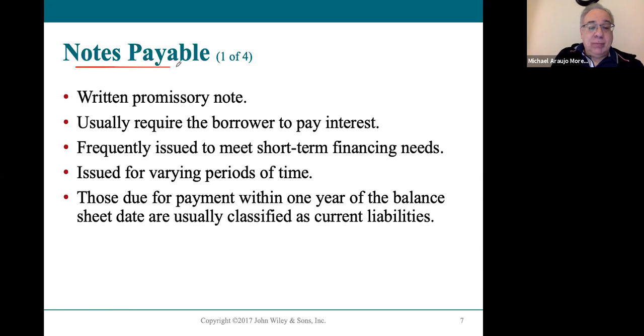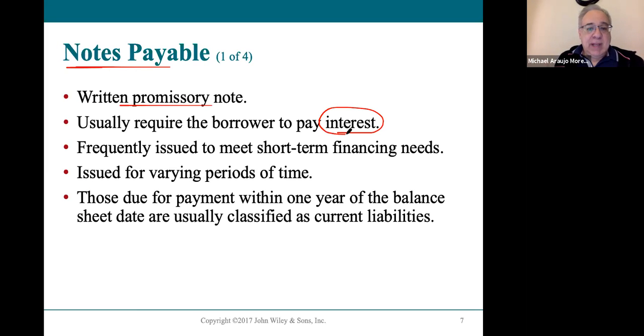But first, a review. Notes payable, right? The word note is a loan. This is a written promissory loan. It has an interest rate attached to it and a due date. Most notes payable are short term, which means most notes payable will be current liabilities.